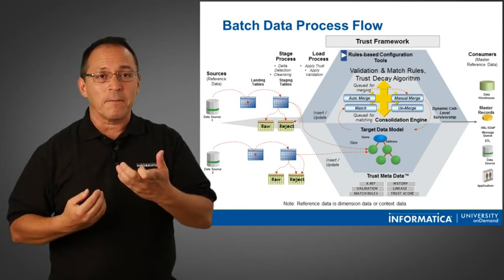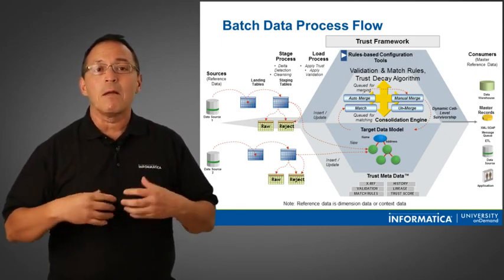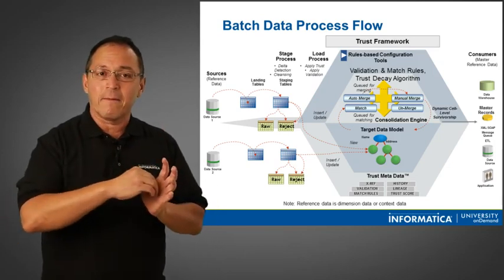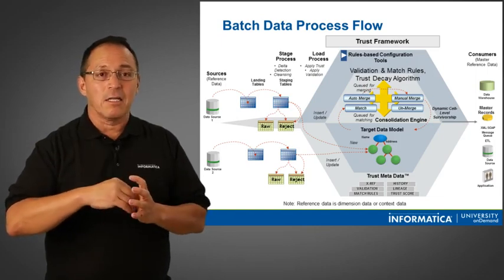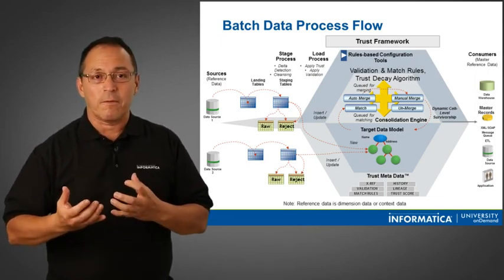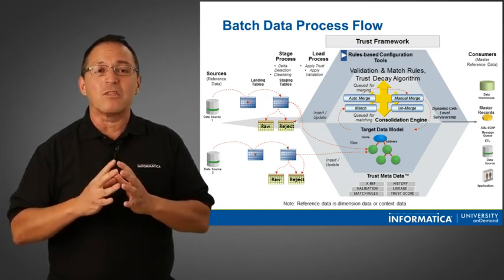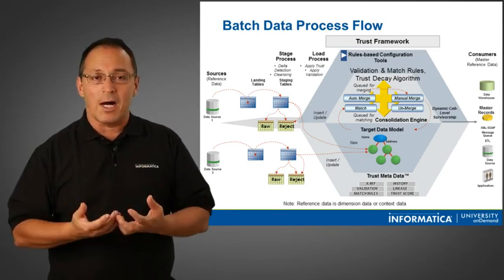So in the staging, the configuration phase means that we're going to set up what are called mappings. Mappings are objects that take landing data and at execution actually change the data and put it in staging tables. And so the staging phase is very important. It really is the beginnings of where we begin to bring in data to the hub.